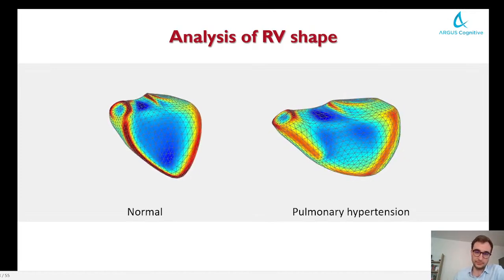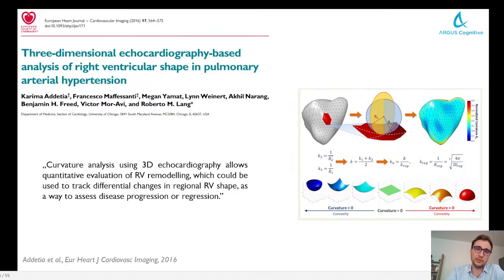There's some data about that as well, in which the curvature analysis, so the assessment of concavity and convexity of the right ventricle, gave an interesting quantitative evaluation of the right ventricular remodeling, and was also a nice marker for the progression or the regression of the disease in this small cohort.